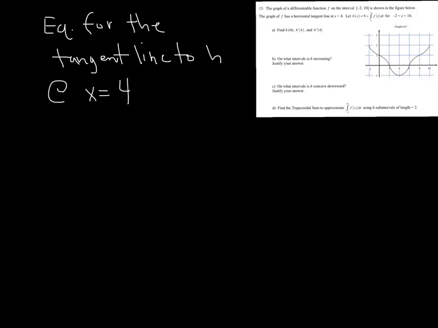All right, so anytime you're trying to do a tangent line, you need h of 4 and h prime of 4, which we got in letter A. So h of 4, if you remember, that was simply 9. So we have the ordered pair 4, 9.